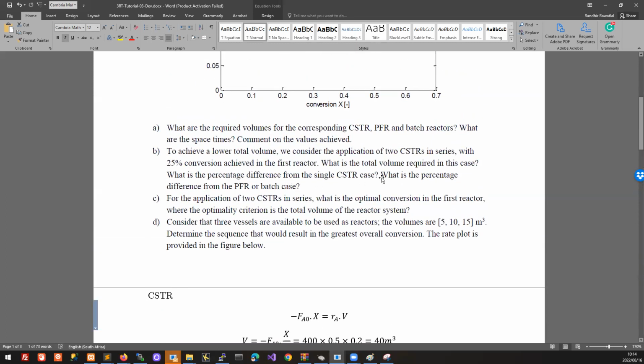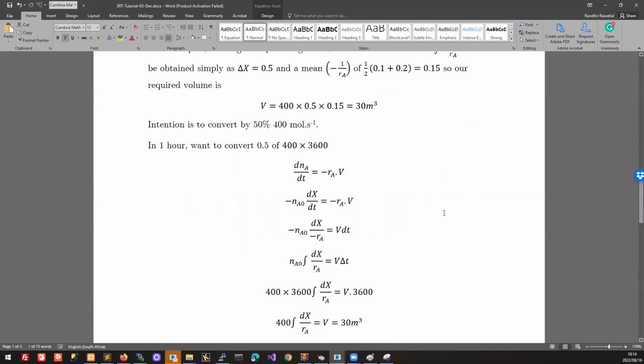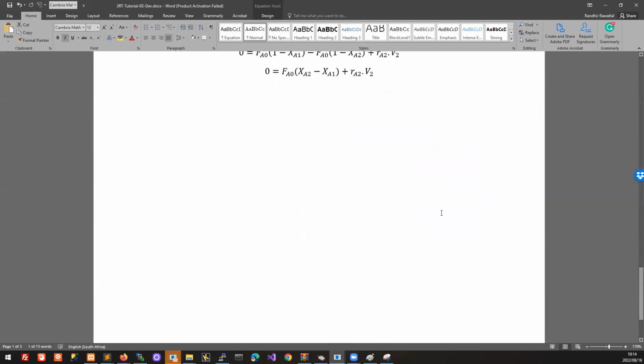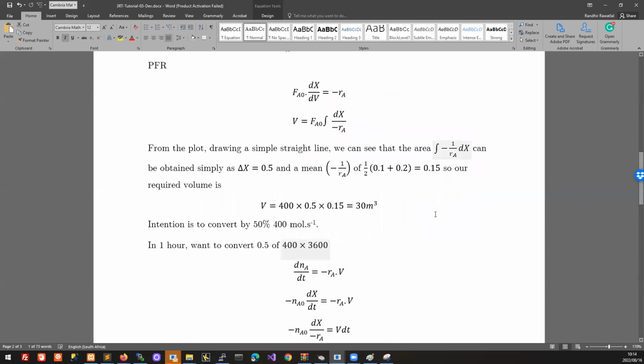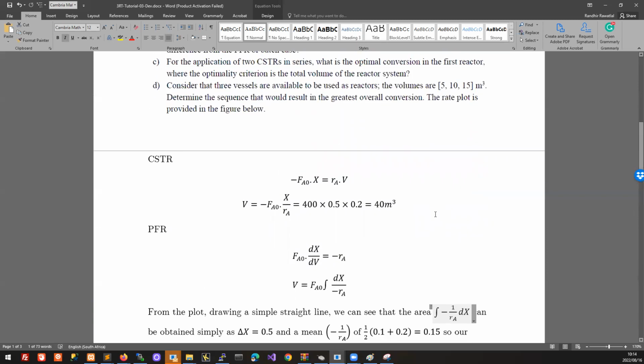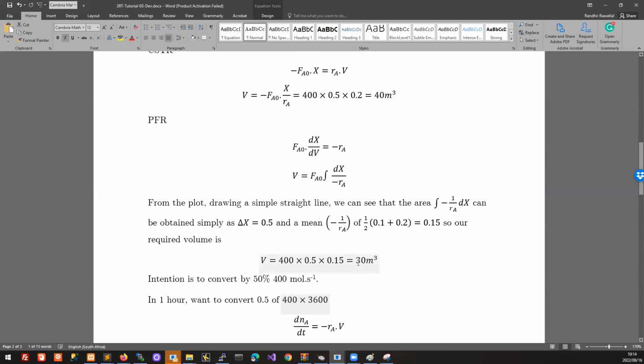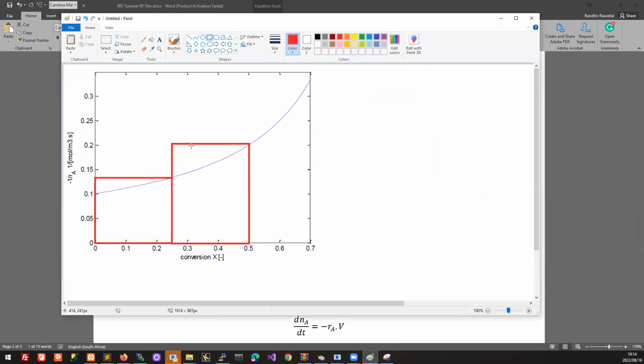So you can just stick the numbers in, and you'll get a volume. Maybe it's, let's say, 34 or something like that. So it's still not as good as the PFR. You can see that graphically here. You'll still get this extra piece here.